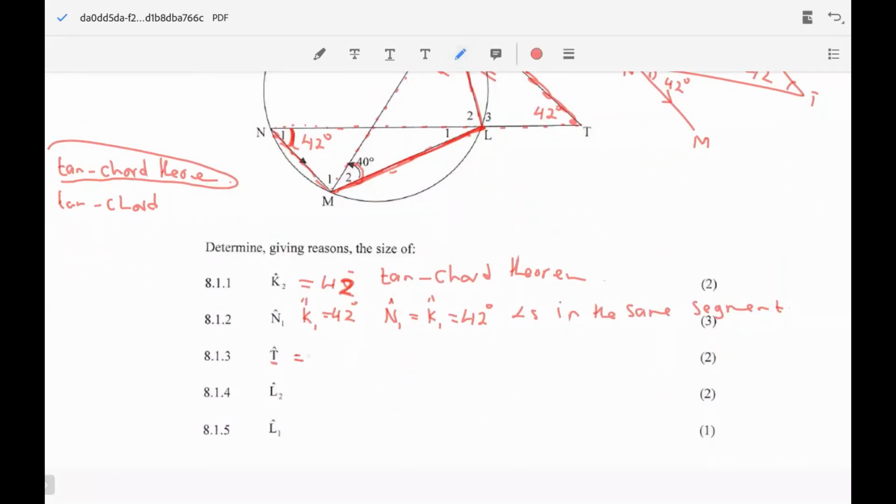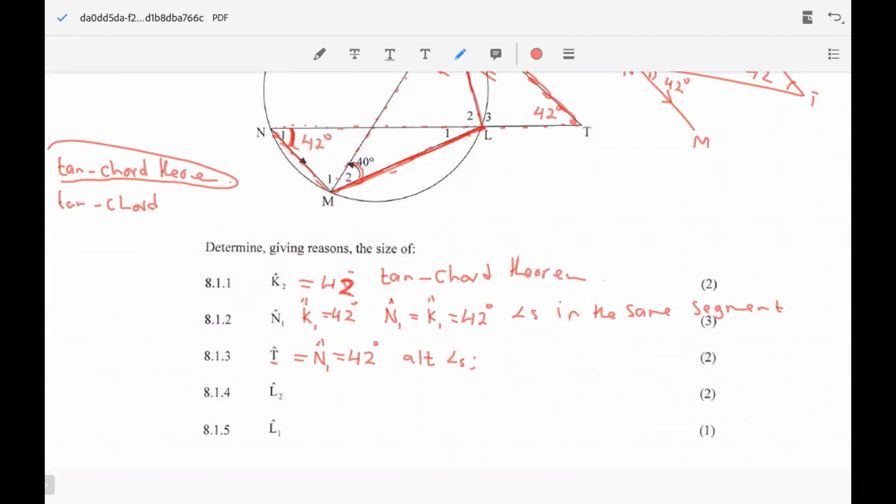So this is 42 degrees, or we can state that it is equal to our N1, which is 42 degrees, and the reason is alternate angles. That's the official abbreviation, and you need to specify the parallel lines.